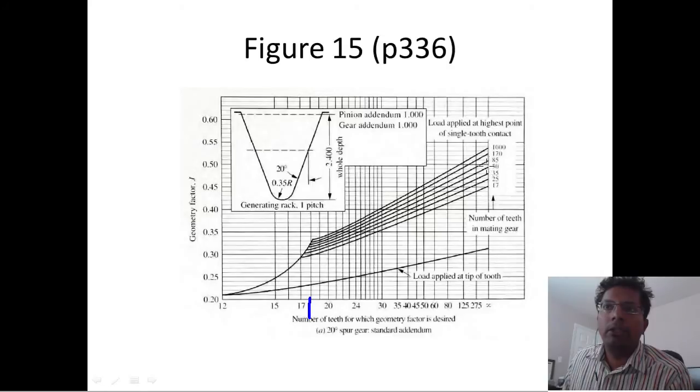We're using these two lines and then going up. This is the calculation here. You get somewhere over here, and then you look up this number over here. So that comes to 0.32.